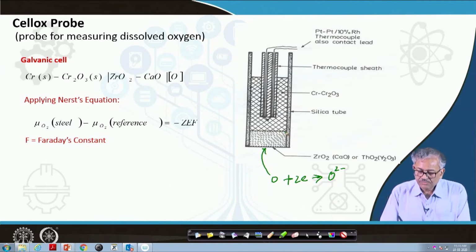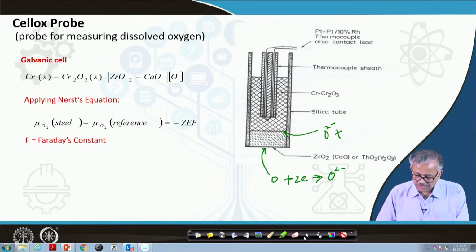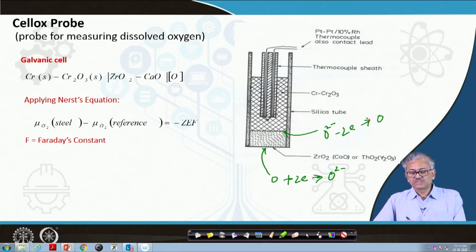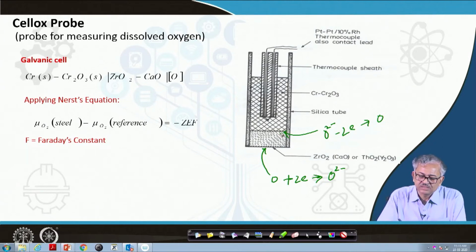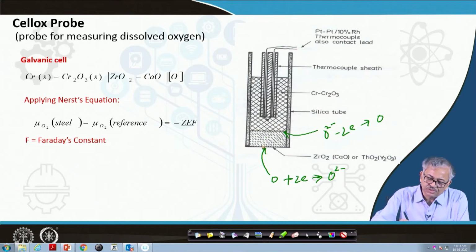Then the oxygen ion will come here. Here the O2 minus releases 2 electrons, minus 2e, and you form the oxygen atom. So here you have a reduction and there an oxidation, and the oxygen ion will move through the electrolyte.